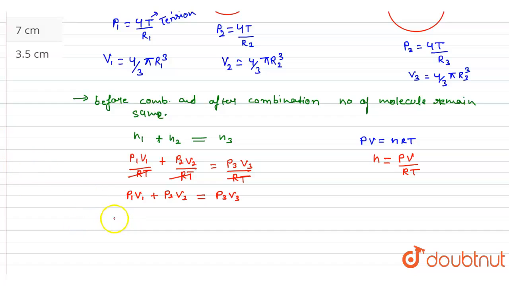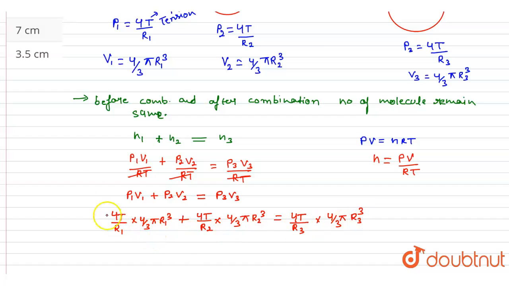So P1 is equal to 4T by R1, V1 is equal to 4 by 3 pi R1 cube, plus P2 is equal to 4T by R2 into 4 by 3 pi R2 cube is equal to 4T by R3 into 4 by 3 pi R3 cube.